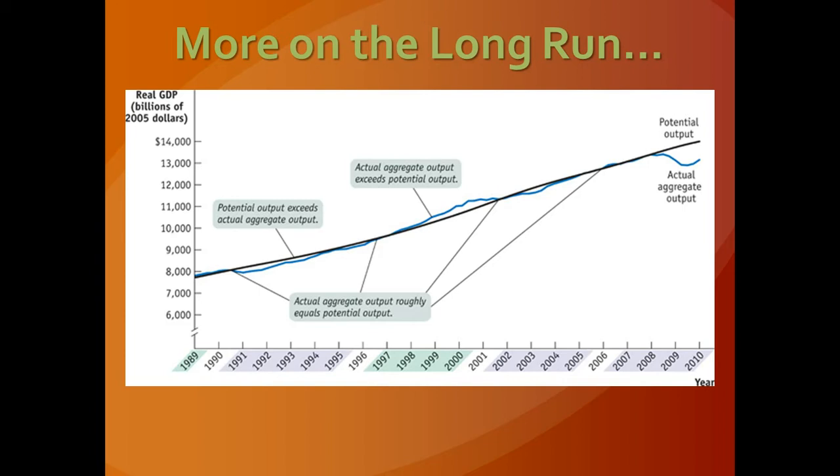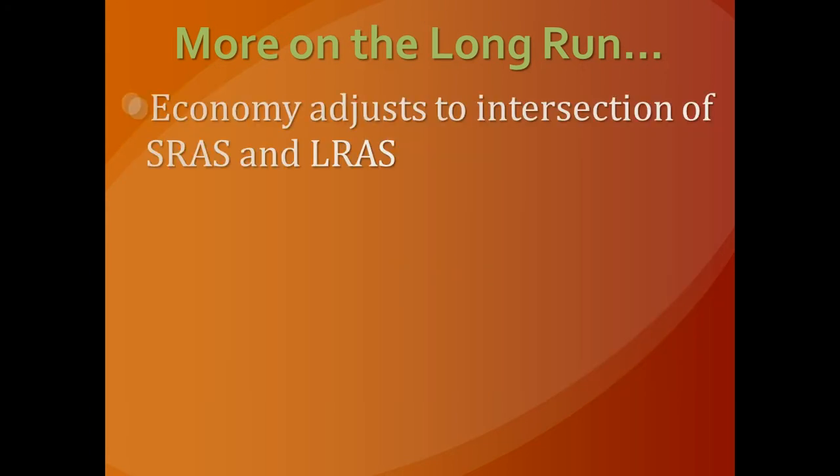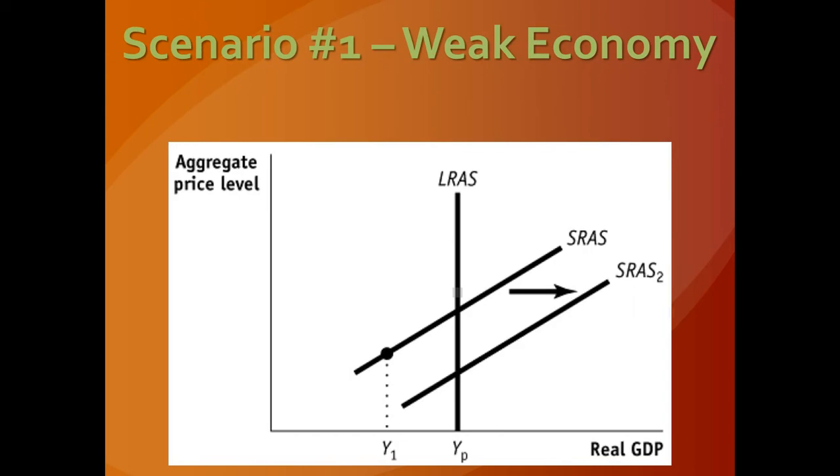And so in the long run, what we would expect is that we would be producing at the point at which short-run aggregate supply and long-run aggregate supply intersect. And in the long run, not only do we produce at that intersection, but the economy itself will adjust as a result of what's going on.